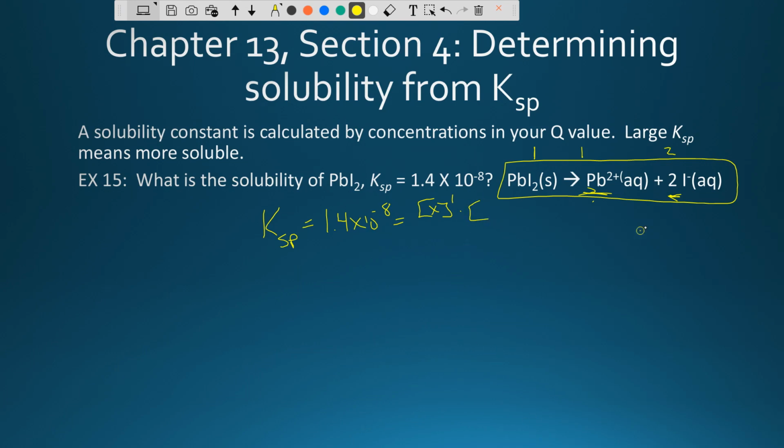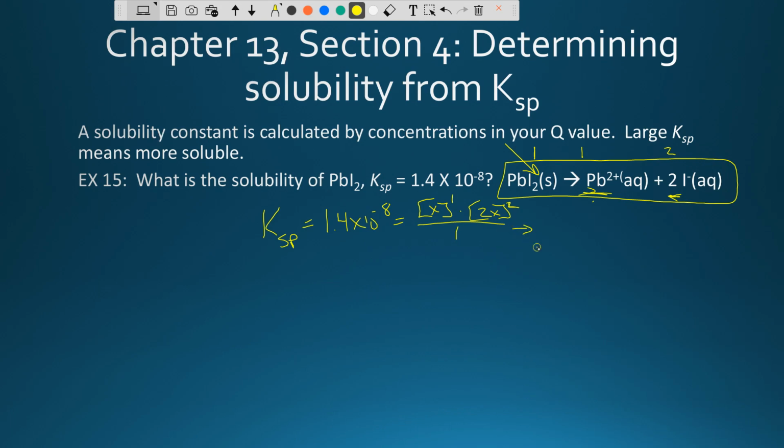My iodine is also an unknown, and because the coefficient is 2, it's 2x, and that will be squared. Technically, that is all over 1 because of the solid lead in there. So it's just products concentrations over the reactants concentrations like we've always done.